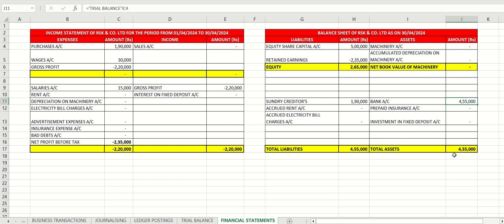The total balances shown under the asset side should match up with the total balances shown under the liabilities side. There shouldn't be any differences between assets and liabilities.